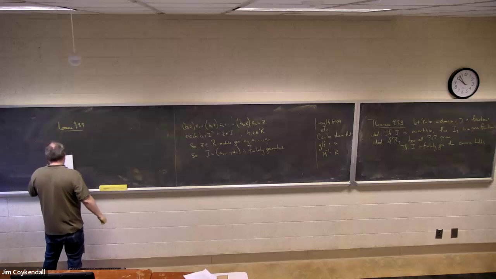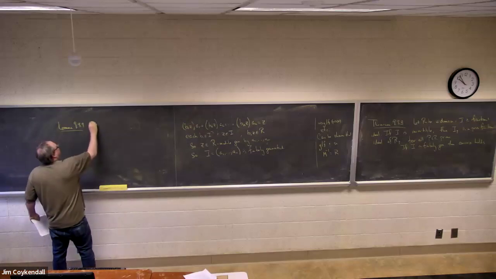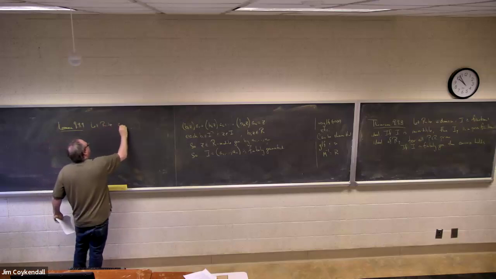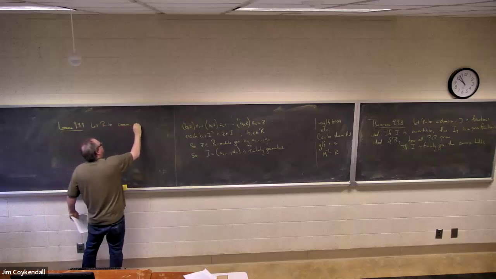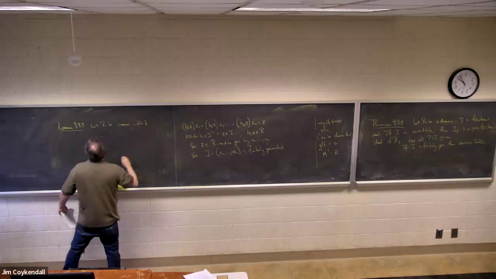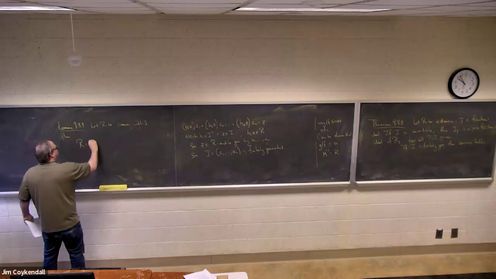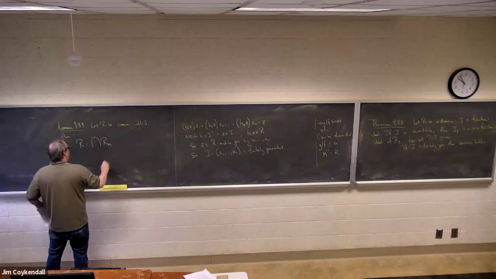9.3.9. Let R be a commutative ring with one, then R is equal to the intersection of its localizations R_M.